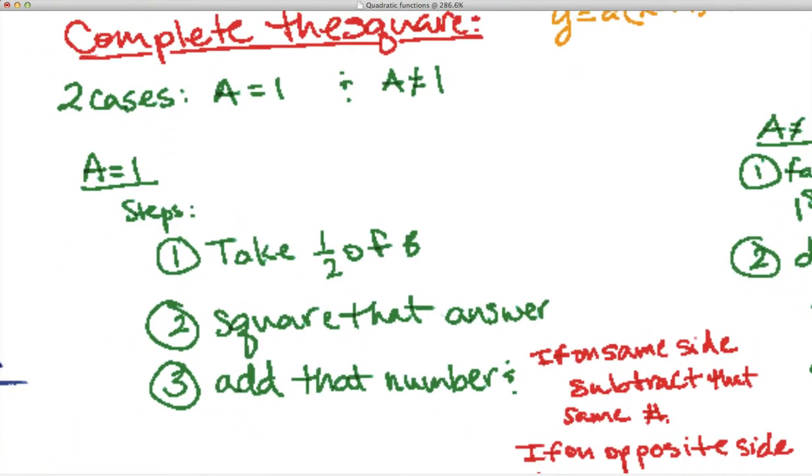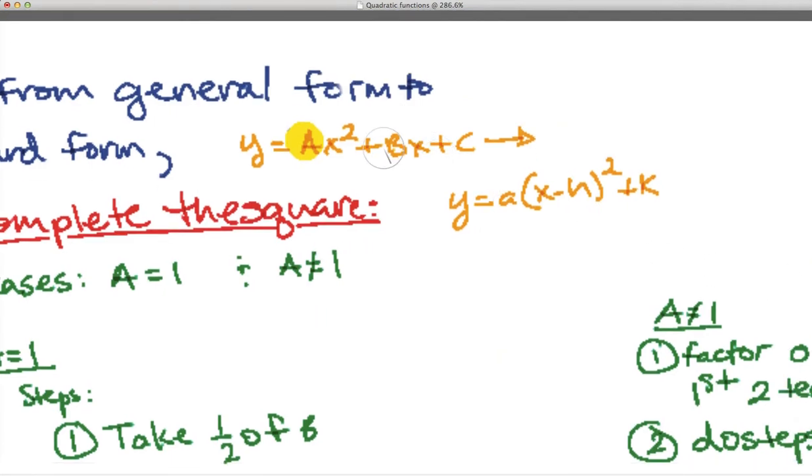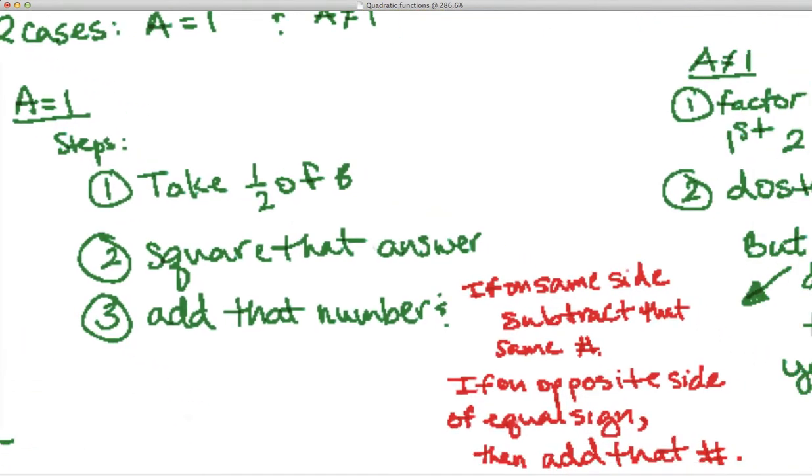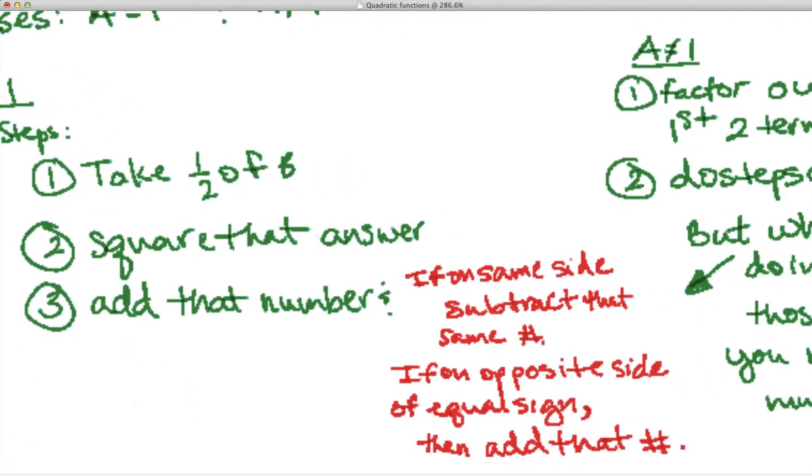All you do is you take half of that middle term b and you square it, and when you square that answer, you also add whatever you get to create what's called a perfect trinomial square. Those of you that have watched my videos should have seen the special cases of factoring and recognize the term PTS, or perfect trinomial square.